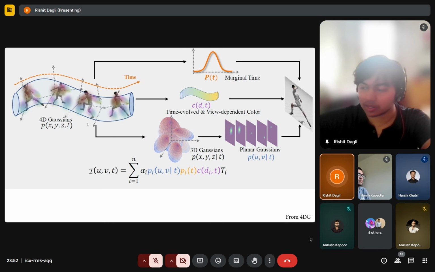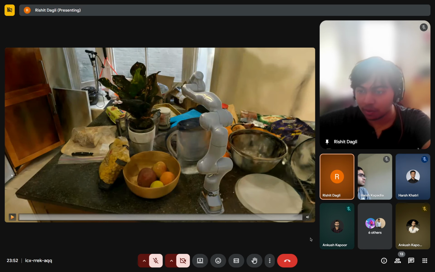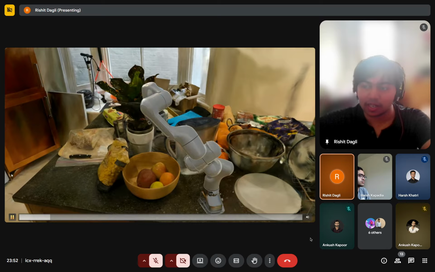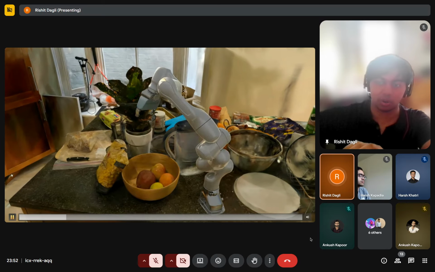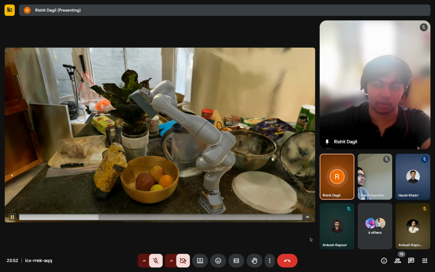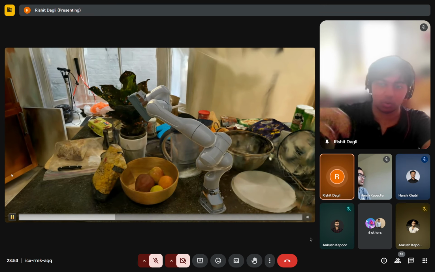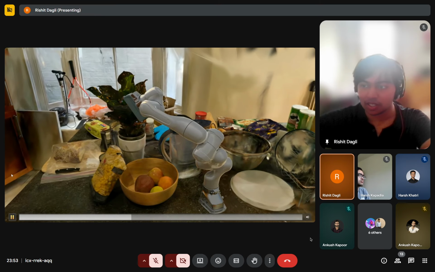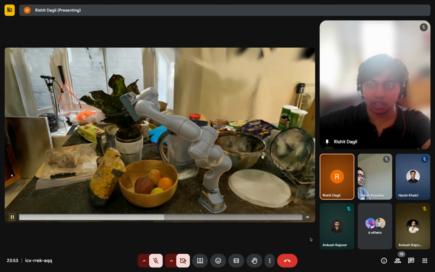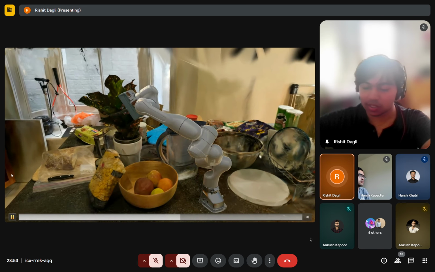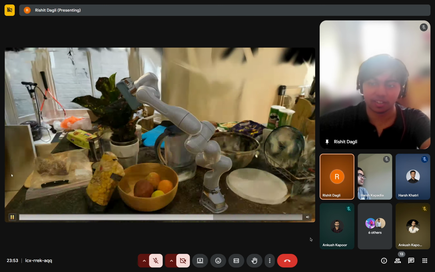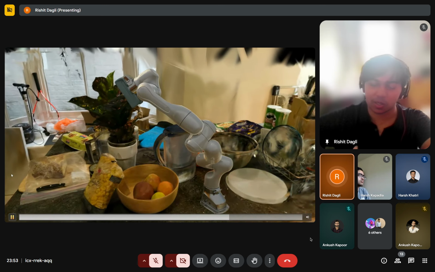Or what's more popular is something like this, where all of these are Gaussians, but you have the same set of Gaussians and they just move around. So instead of having each Gaussian be four-dimensional, you have 3D Gaussians that move around based on where you are. And you can see the camera moving, so it's 3D as well. This is also one of the ways to parameterize all of these simulations, right? Because this is also a simulation.